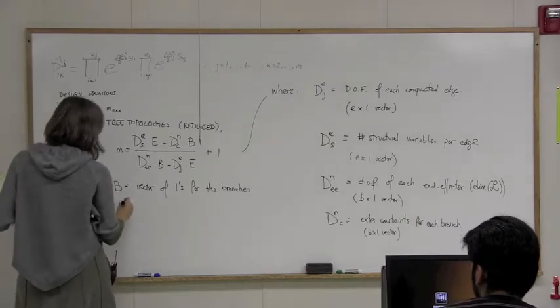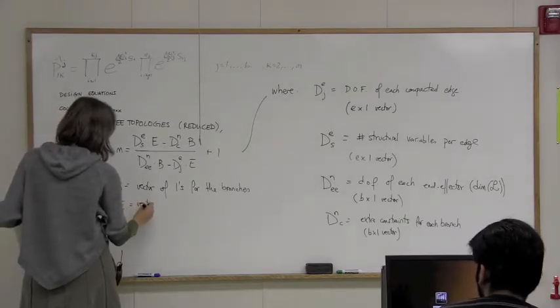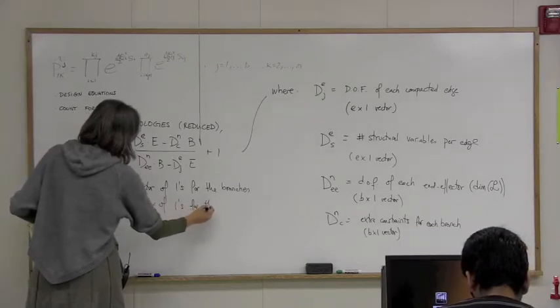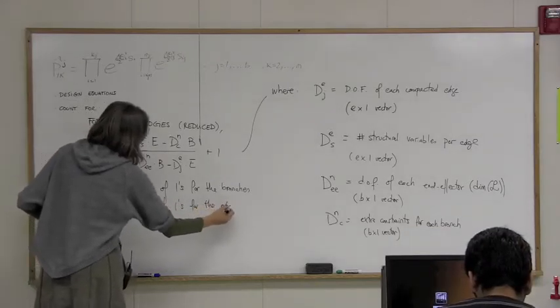And E is a vector of ones for the edges.